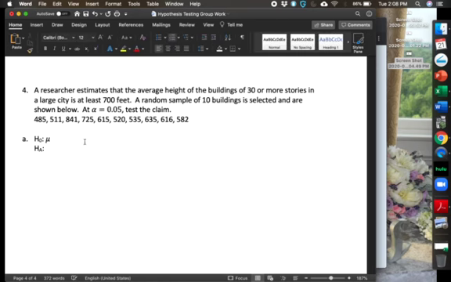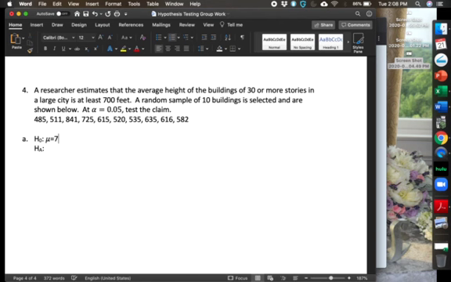Being careful, the null hypothesis is always a statement of equality. So this could be a strictly equal to, or a greater than or equal to, or less than or equal to. Let's read this again one more time. The researcher estimates that the average height of buildings 30 or more stories is at least 700 feet. At least means 700 or more.